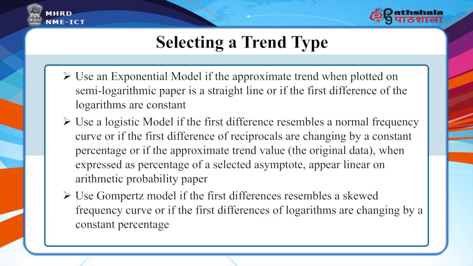Use Gompertz's model if the first differences resemble a skewed frequency curve, or if the first differences of logarithms are changing by a constant percentage.